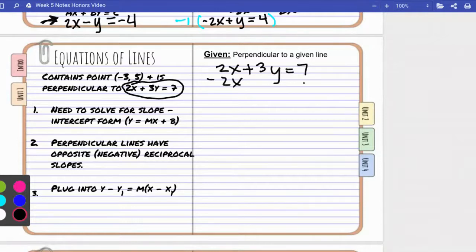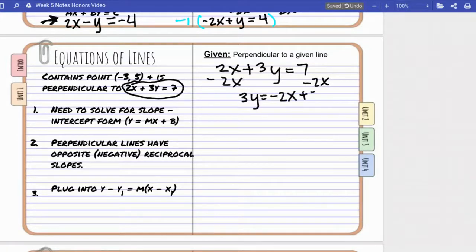So subtract our 2x over. We get 3y equals negative 2x plus 7. Divide everything by 3. y equals negative 2/3 x plus 7 over 3.